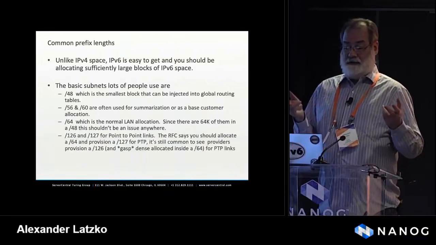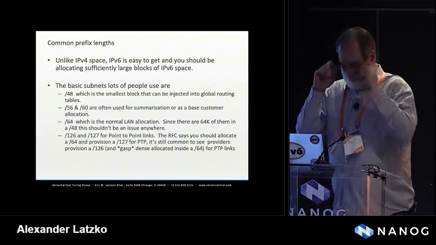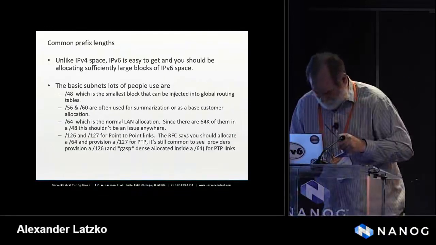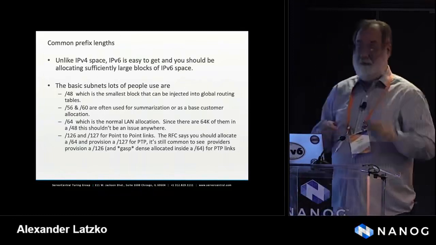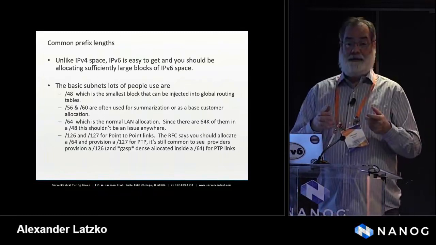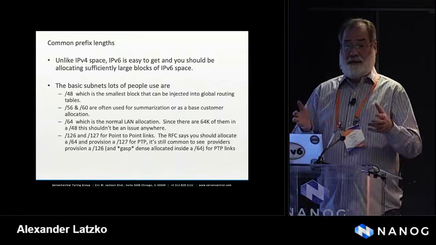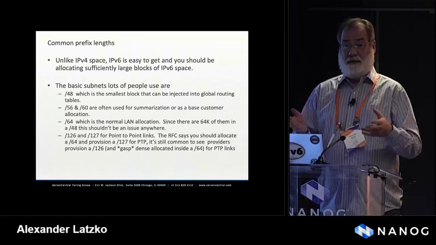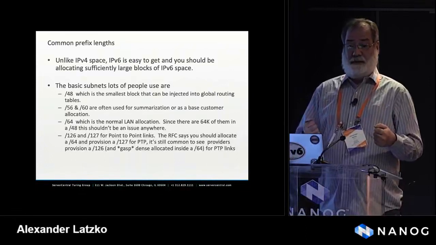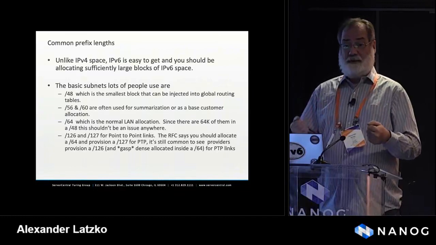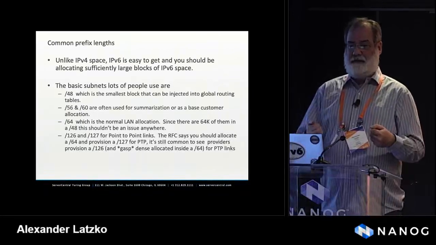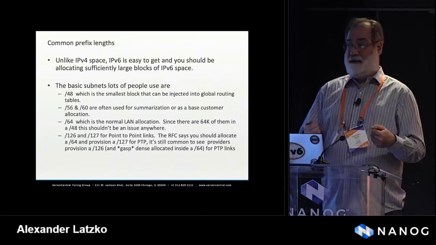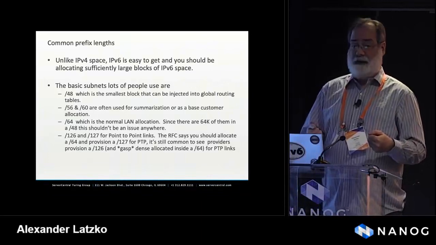Point to points. There's an RFC that says you should use a /64 as your basic VLAN or your basic host, and a /127 as your basic point-to-point. I can't think of any modern implementation of v6 that doesn't support /127s.